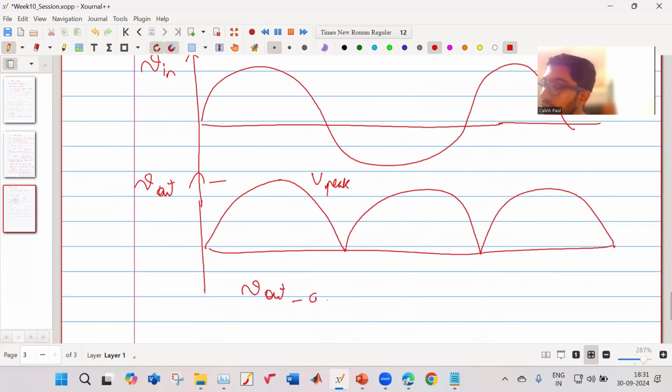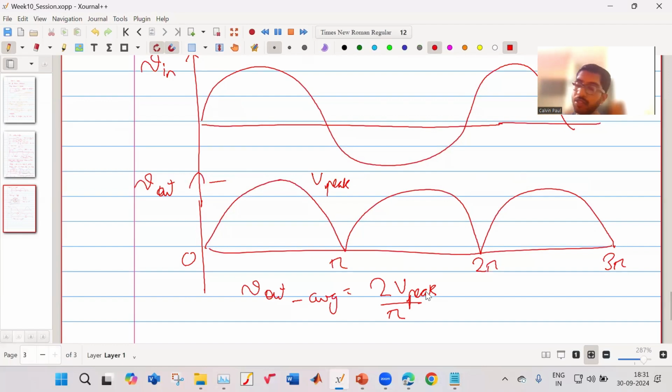What is the average value of V out? 2 into V peak by pi. Yes, it is right, sir. 2 V peak by pi. Okay. So this is the trick, which you must know.